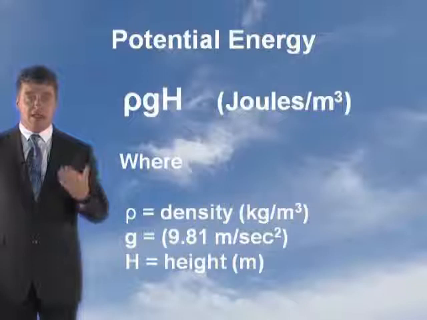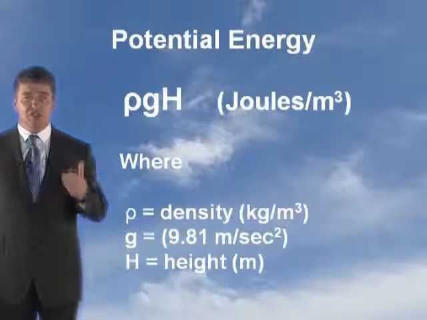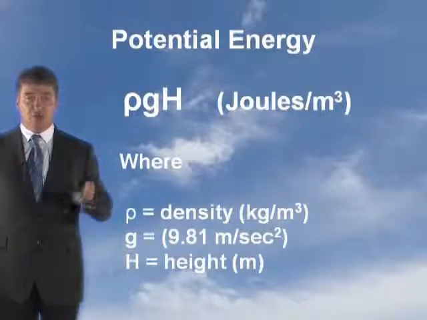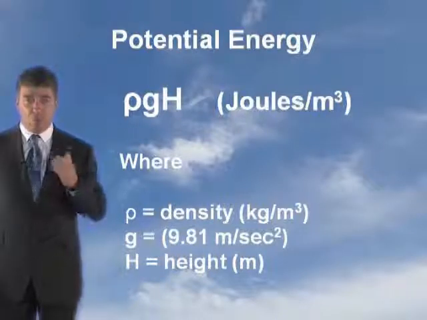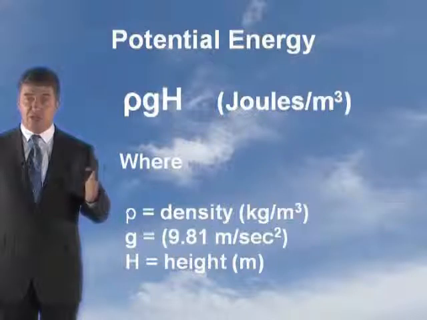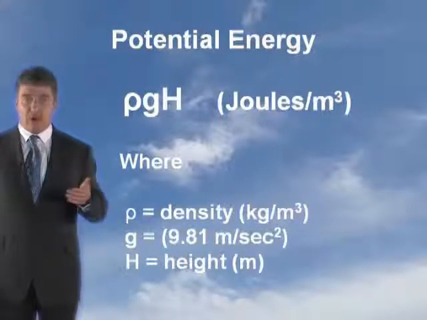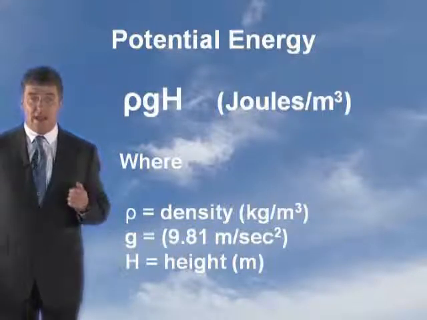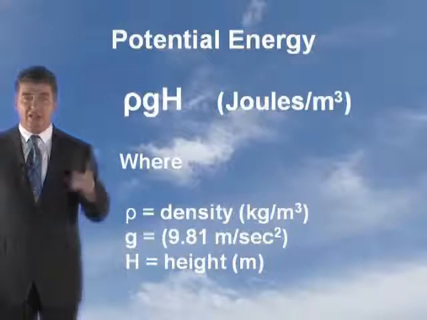Now, the potential energy per metre cubed of fluid can be considered as rho g h, and that comes out in joules per metre cubed, where rho is the density in kilograms per metre cubed, g is the acceleration due to gravity, which is 9.81 metres per second squared, and h is the height in metres.